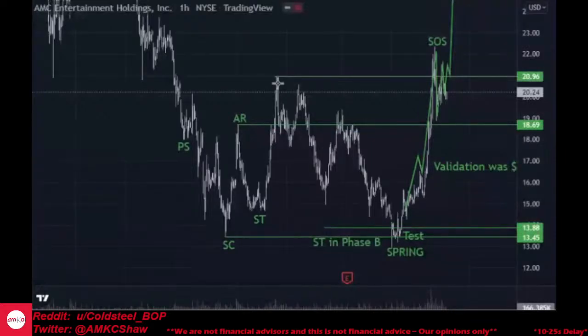Richard Wyckoff came up with this over 100 years ago. He noticed a trend in how institutions traded, and he analyzed how they traded.